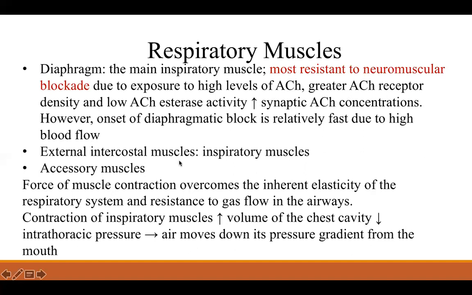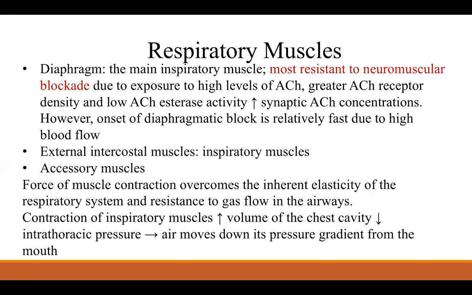As the name suggests, these are the outer layer of muscles around the chest, and as they contract, they pull the chest cavity outwards, expand it, and therefore increase the volume. Increasing the volume of the chest cavity, as you know, decreases the pressure, correct? And that's going to help air move into the lungs. So the combination of the diaphragm and the external intercostal muscle contraction is what is involved in inspiration.